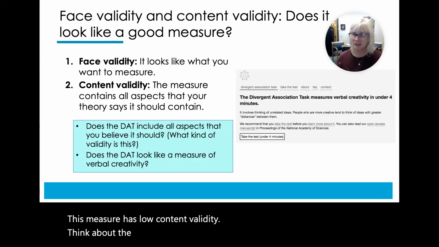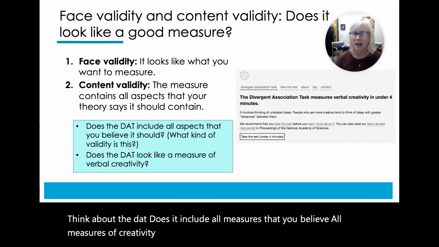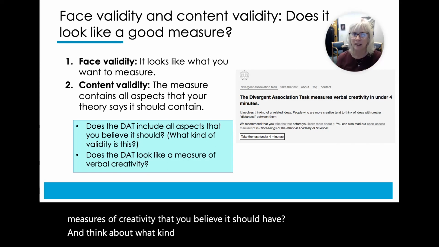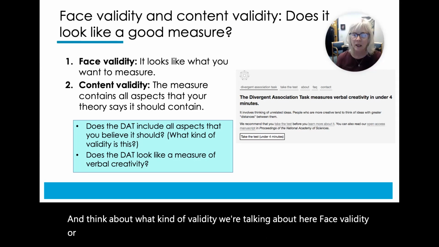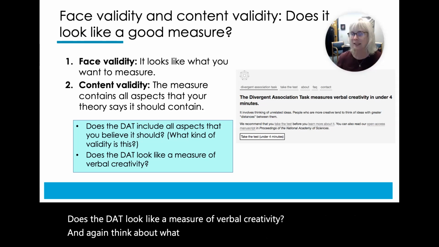Does it include all measures of creativity that you believe it should have? And think about what kind of validity we're talking about here, face validity or content validity. Does the DAT look like a measure of verbal creativity? And again, think about what kind of validity we're talking about there.